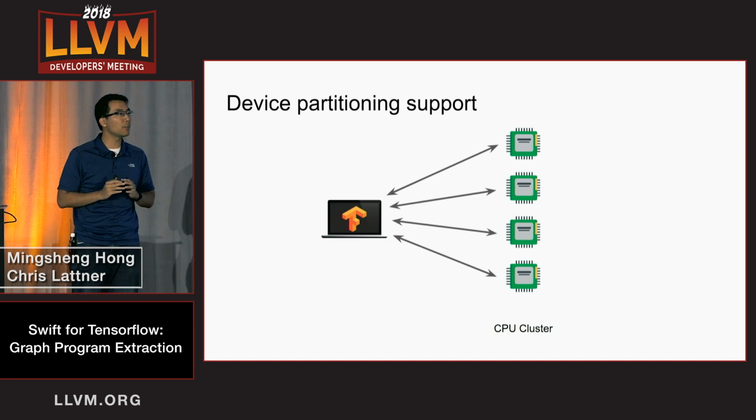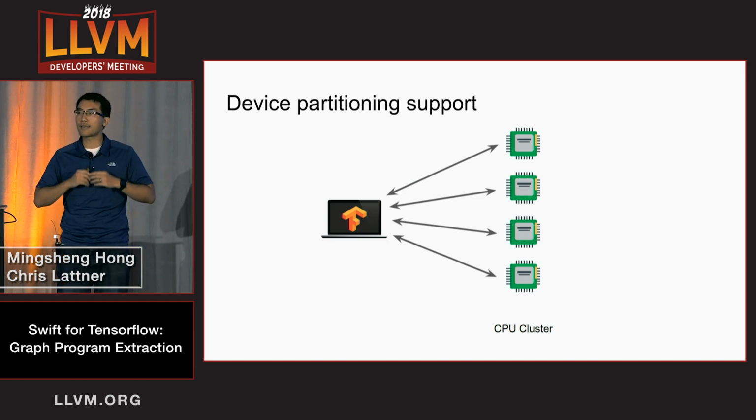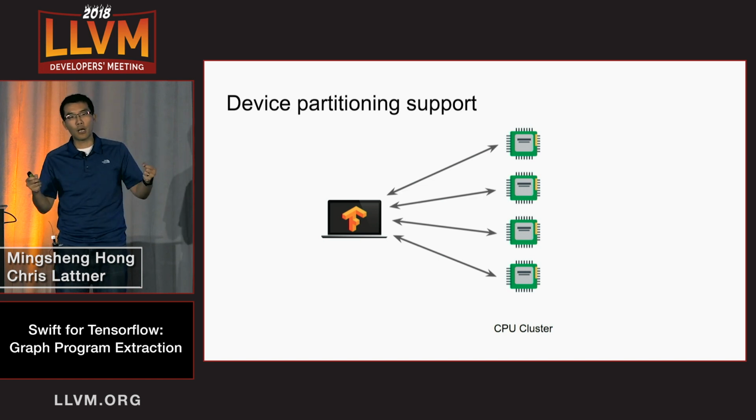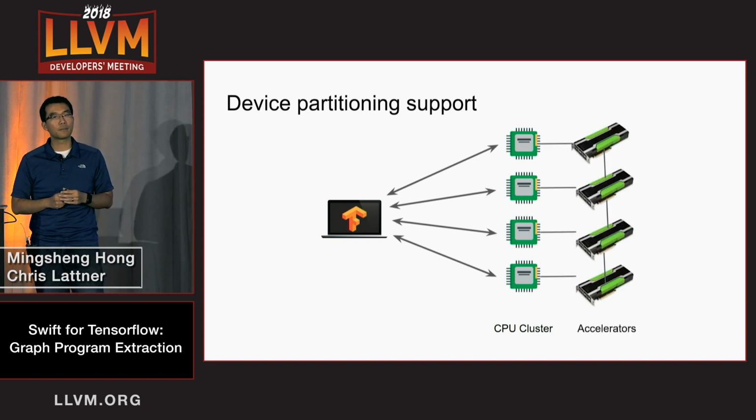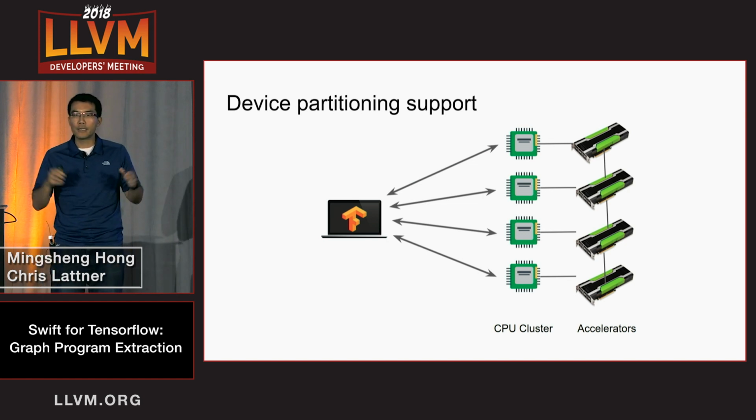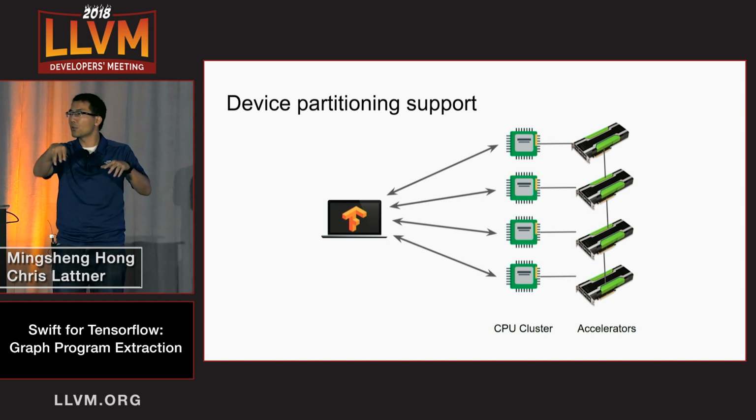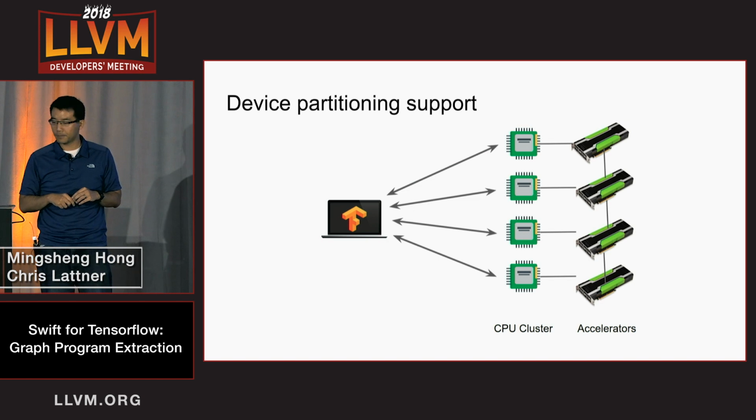Now, so far, we've been pretending that TensorFlow is a GPU accelerator. In practice, it's a distributed system, and you often feed data and run a machine learning model on a cluster of machines. Each machine is attached to one or multiple accelerators. And you often run different subprograms on these individual accelerators.